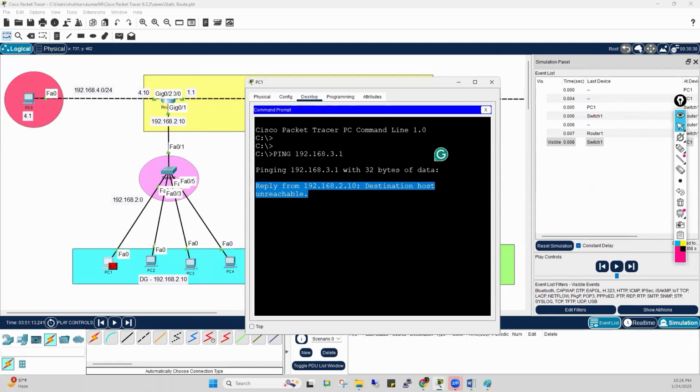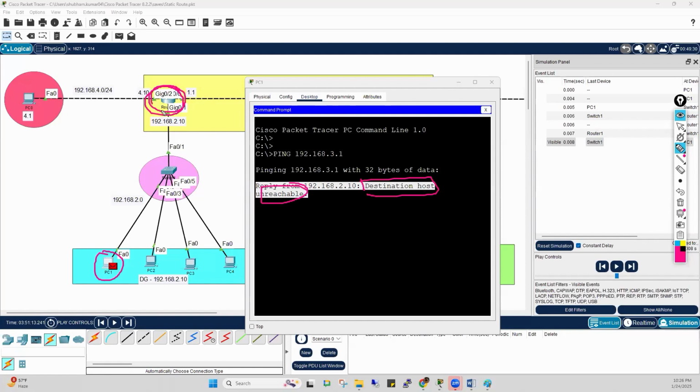192.168.2.10. You are getting a reply from your default gateway. Who is 2.10? 2.10 is your default gateway. Your default gateway is telling you that the network you are trying to reach, that is 192.168.3.1, is unreachable. Getting my point? So in a real-time scenario, whenever you get this type of error, you can easily understand that on my default gateway, for this PC, who is the default gateway?